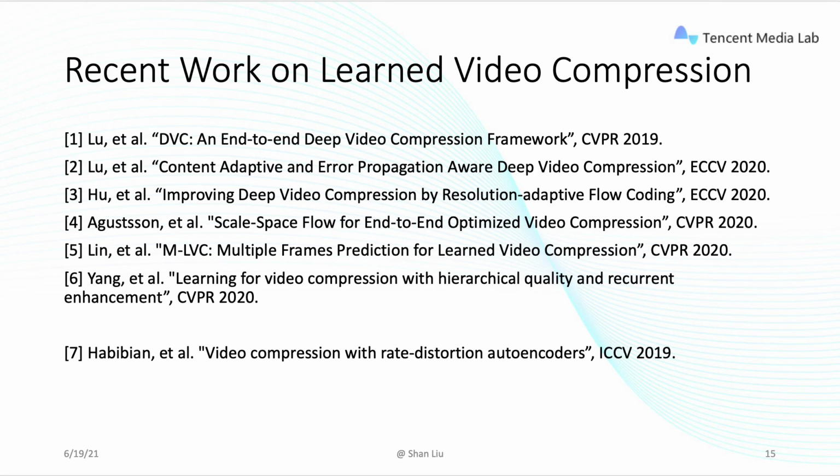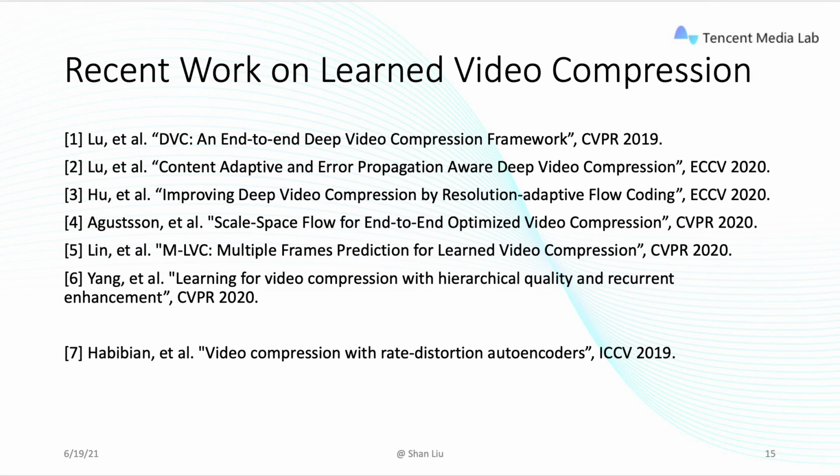As we mentioned at the beginning of this section, video compression consists of intra-frame compression and inter-frame compression. Some of these works use conventional methods such as BPG for intra-frame compression, while most others use learned image compression methods for intra-frame compression.